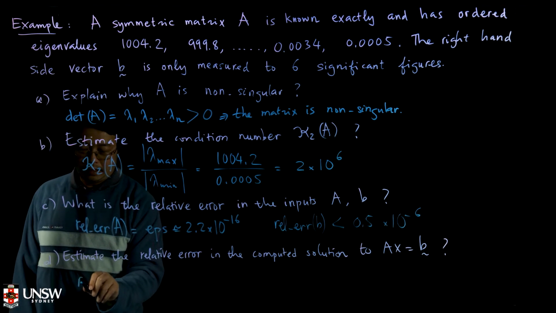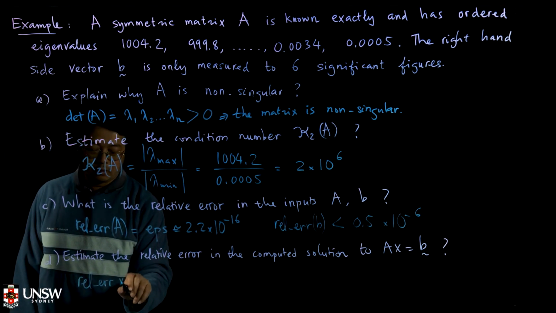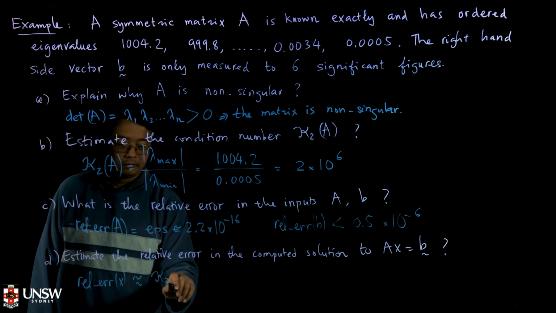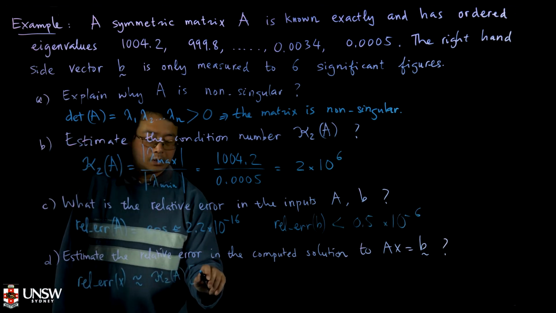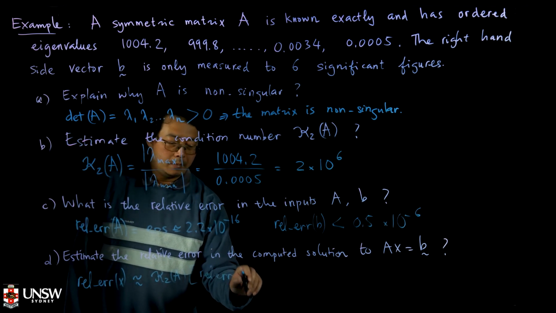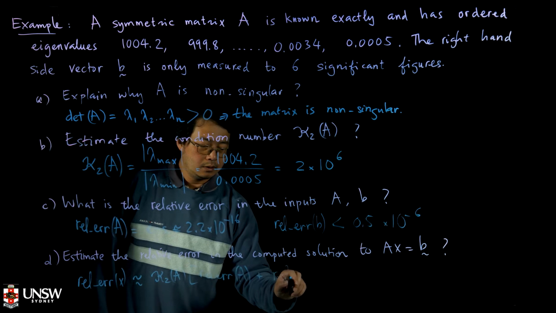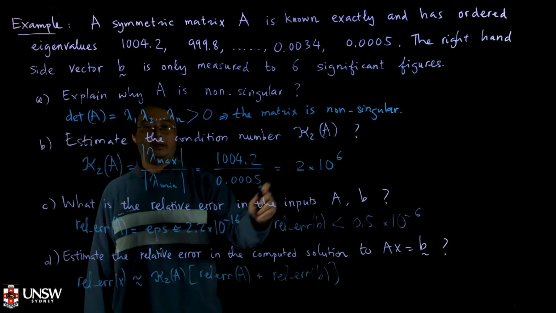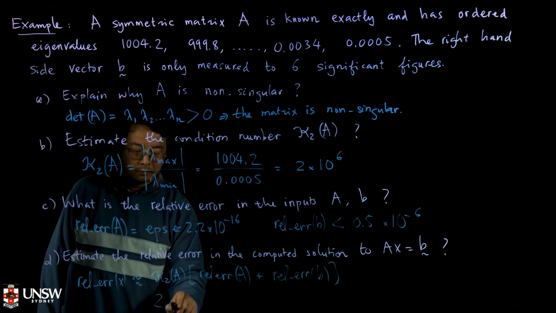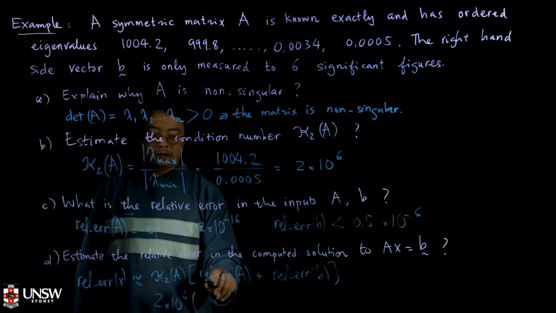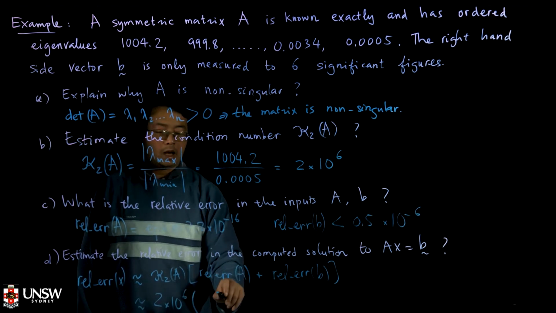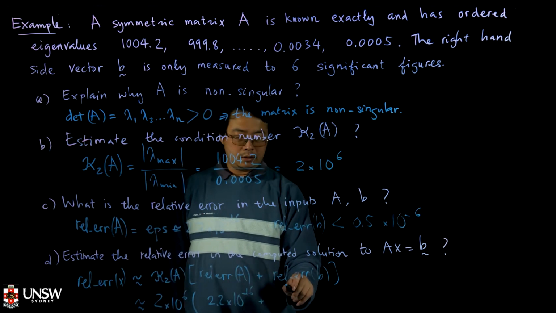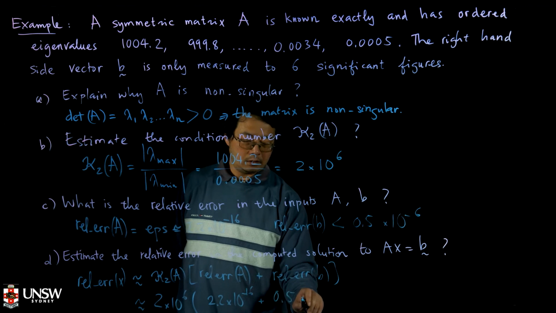Well, from the theorem in the lectures, we know that the relative error in x will be the condition number times the relative error in the matrix A plus the relative error in the vector B. Now we have the condition number is 2 million, the relative error of the matrix A is 2.2 times 10 to the minus 16, and the relative error of B is 0.5 times 10 to the minus 6.